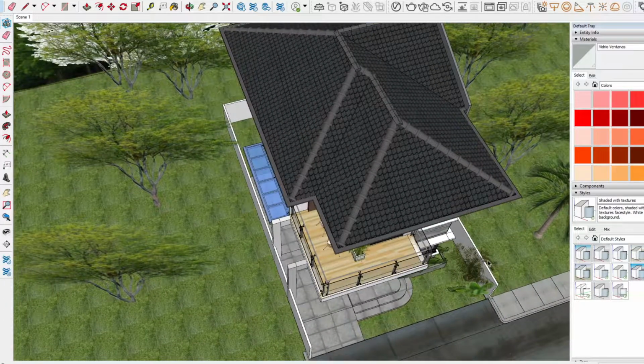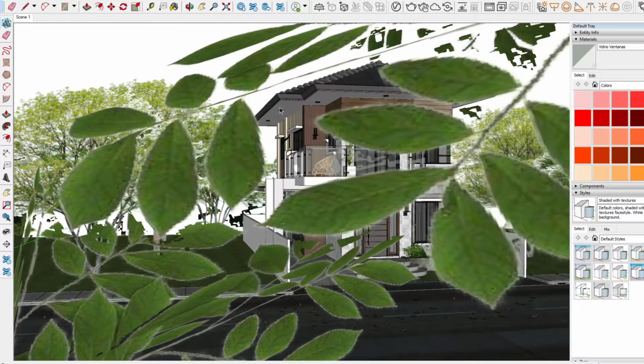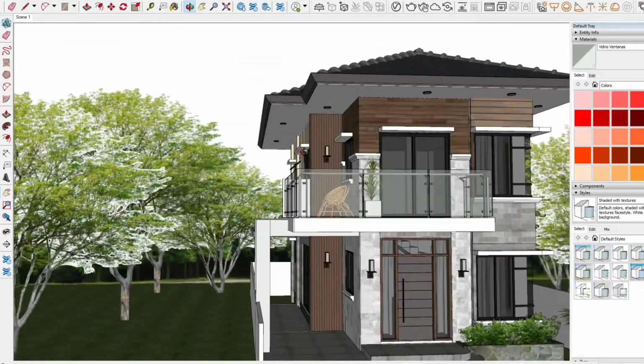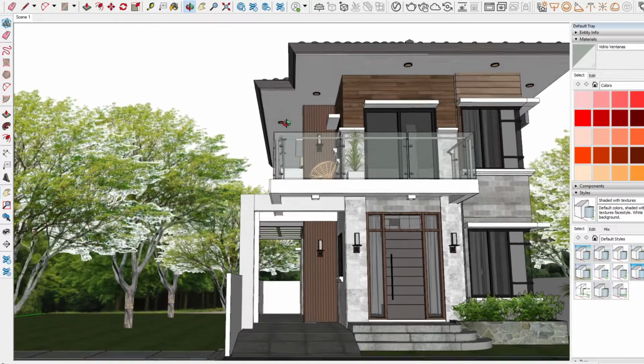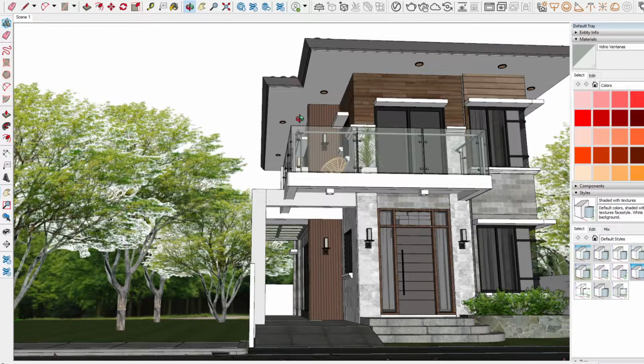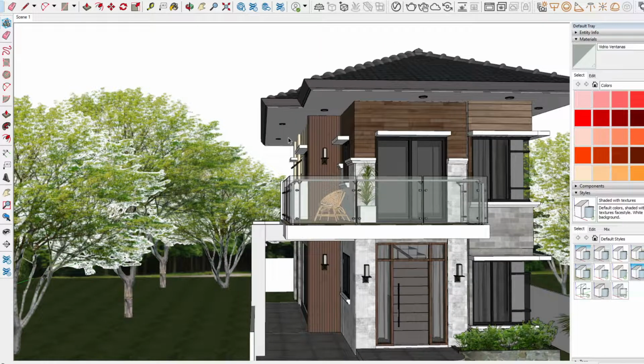Basta siguraduhon nyo lang nga ang eaves or ang overhang sa inyong roofing wala nagagwa sa inyong perimeter line or boundary.